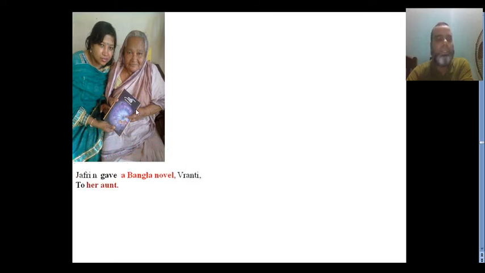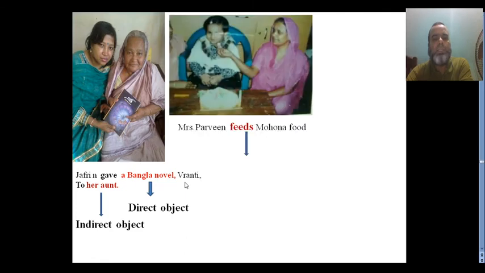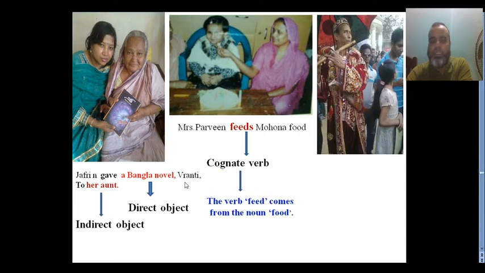Let us see this picture. Jafrin gave a Bangla novel, Prantik, to her aunt. Here we'll discuss the verb and the classification of objects. Jafrin is the subject here, gave is the verb, and a Bangla novel is also an object.